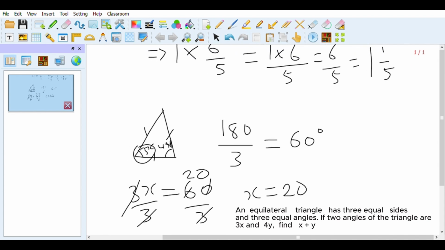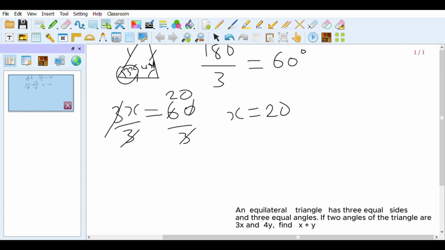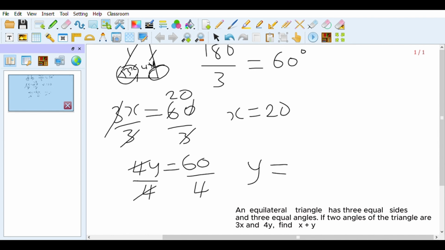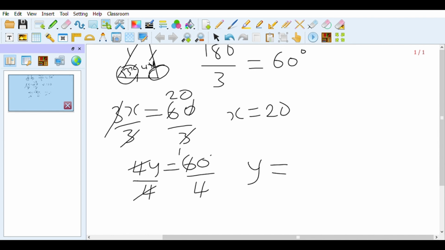Okay, similarly for the other side, this angle here is also 60, but they said it is 4y, which means that 4y is equal to 60. We divide both sides by 4. Okay, so y will be, if 4 divides 6, we'll have 1 remainder 2, that 2 goes to 0, we'll have 20.